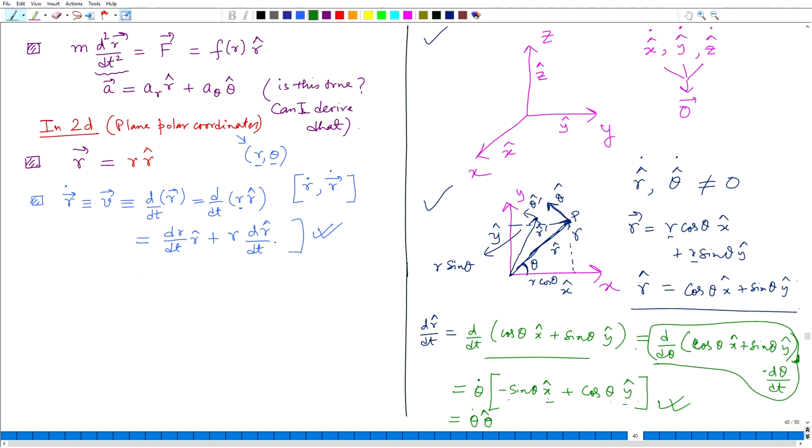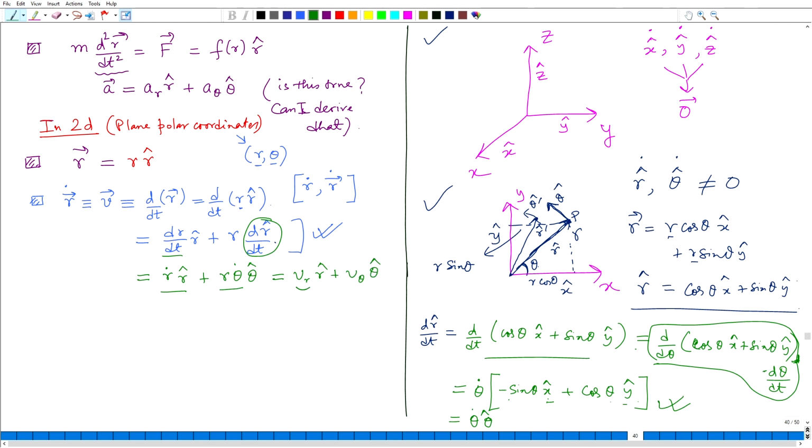I can write this as d dt of the modulus of r vector, which is the scalar r, so it is written as r dot r cap plus r times what you have just seen, theta dot theta cap. I can now identify this quantity as V r r cap plus V theta theta cap.